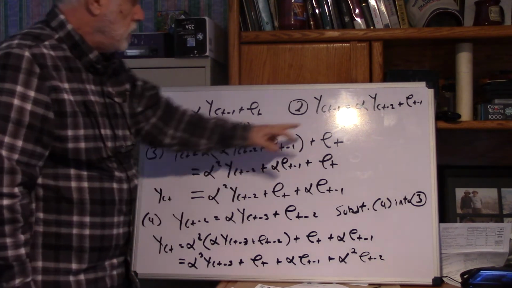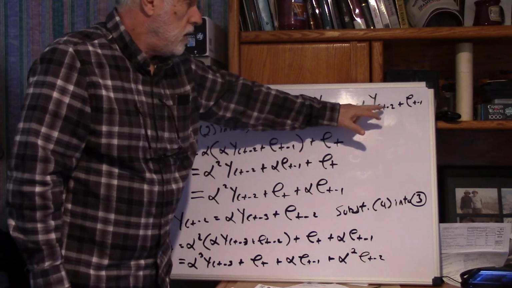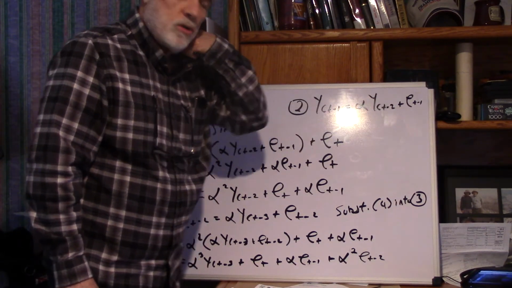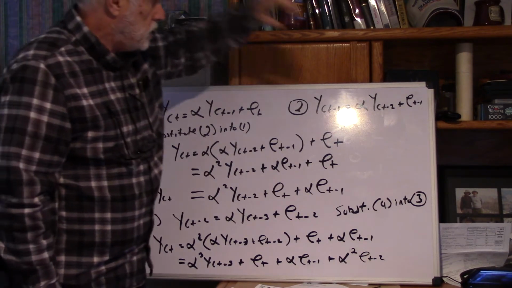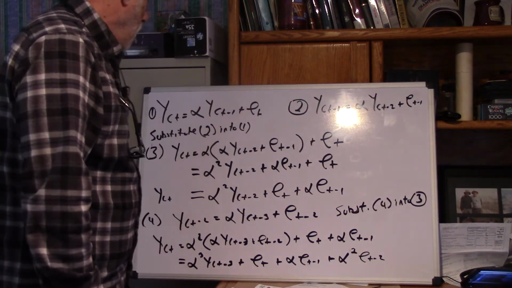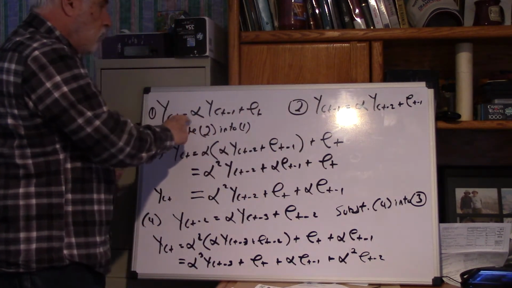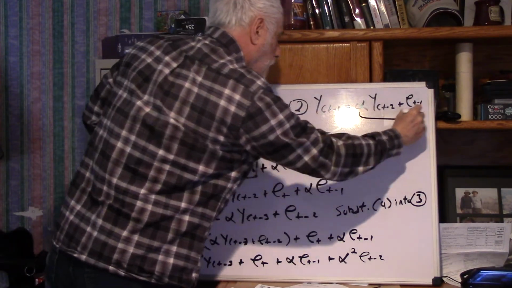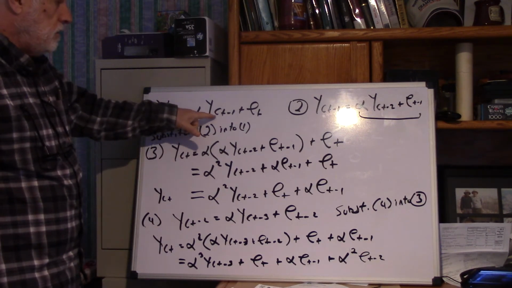What we have now is that Y^C_{t-1} is equal to what the cyclical component of output was in period t minus 2, plus the demand shock in t minus 1. So we have this relationship in period t, and we also have the relationship existing in period t minus 1. So now what we do is we substitute this equation into equation 1. So we take this expression right here and we substitute it into Y^C_{t-1} right here.